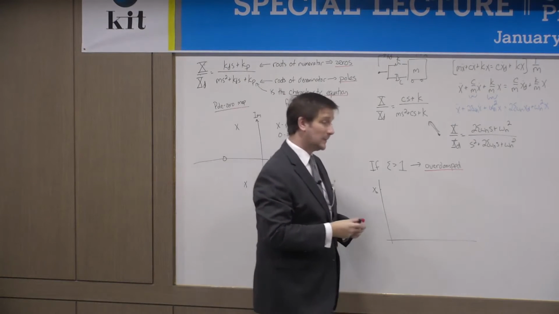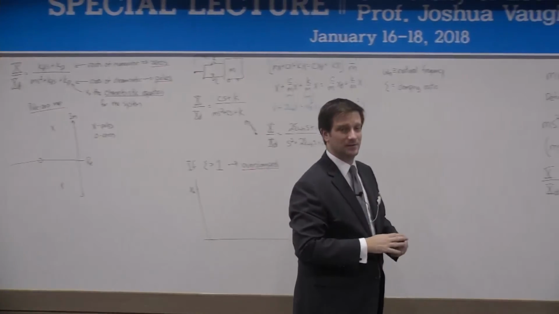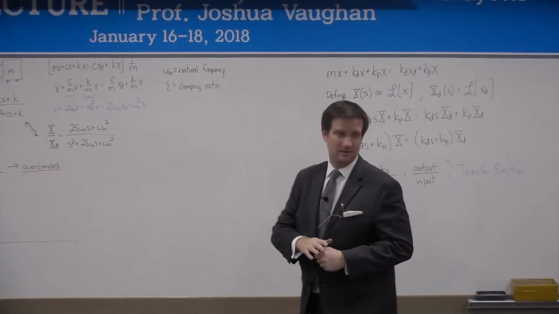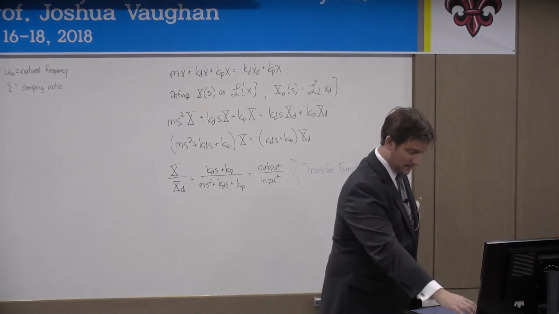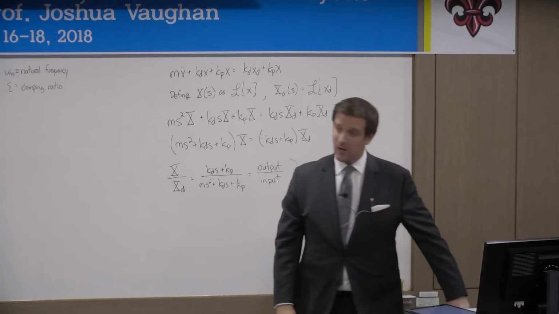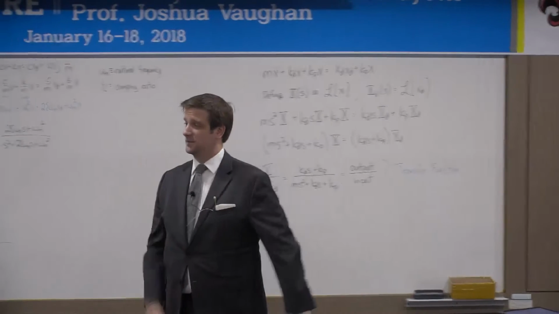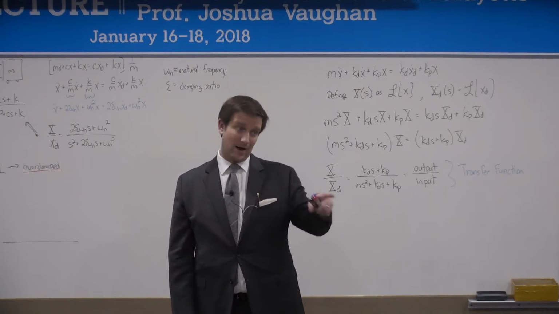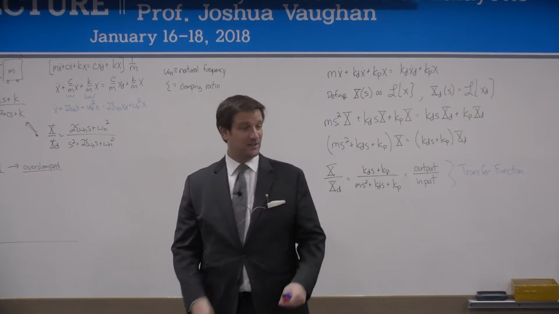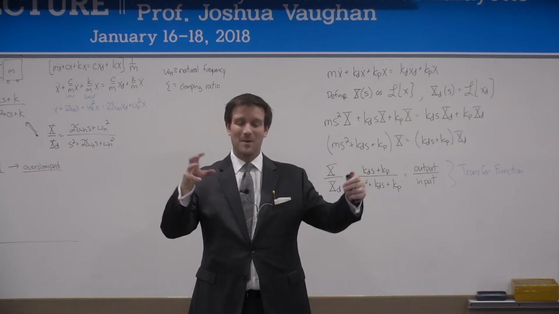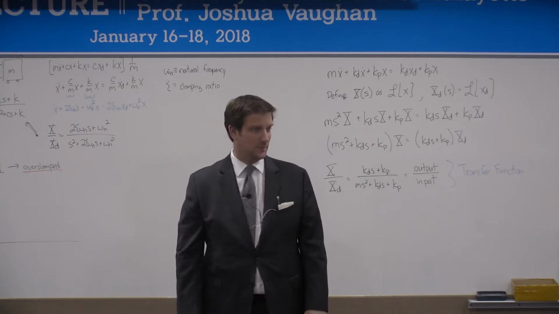What does an over-damped response look like? Stops quickly, sure. Well, no oscillations is the big one. It may not be quick; it depends on how large zeta is. If zeta is really large, it could be slow, but it's not going to oscillate.